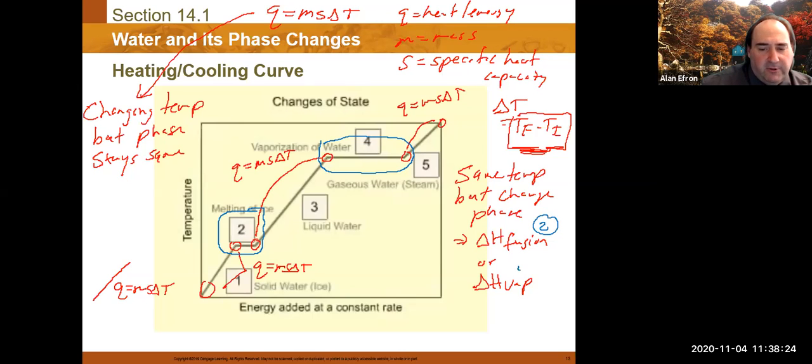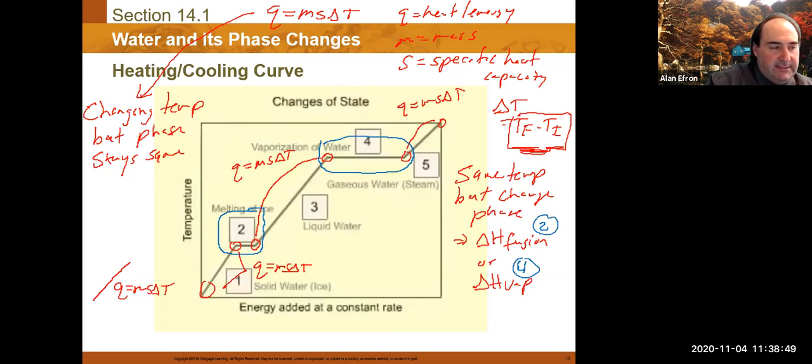For the number 4 transition, again, the temperature is not changing, but the state is changing. You would use the heat of vaporization. Sometimes when you get a problem, and we'll see a problem coming up as well, it's good to draw it so you don't miss any of those transitions.